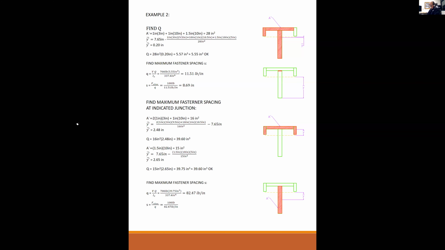We also then did chapter 5. Chapter 5 was torsion. Let me go back to chapter 4. Chapter 4 also covered axially loaded diagrams. So you have to be able to find the uniform load or the axial load diagram. Chapter 5 was torsion.